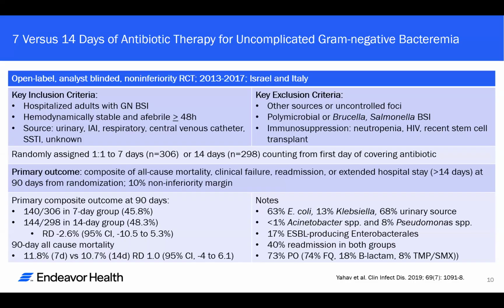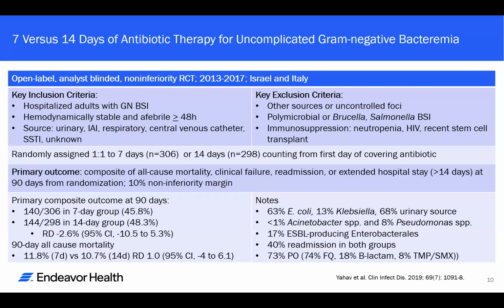They excluded any patients who had an uncontrolled focus of infection or endocarditis, bone and joint infections, things like that. They had a pretty broad definition of immunocompromised patients that they excluded, including neutropenia, HIV, recent transplant. And then there were some pathogens that they deemed difficult to treat that they excluded.